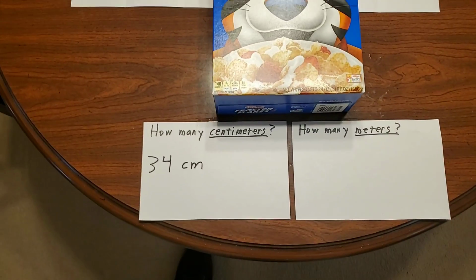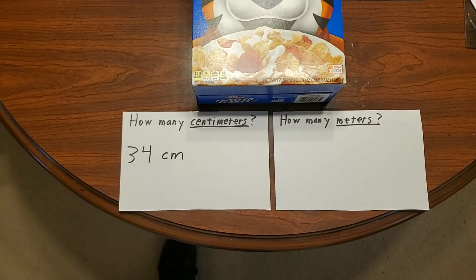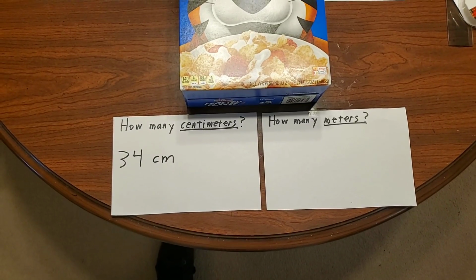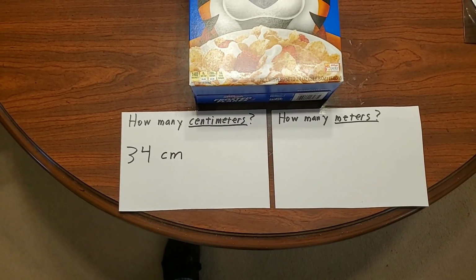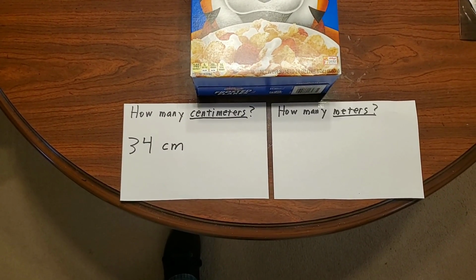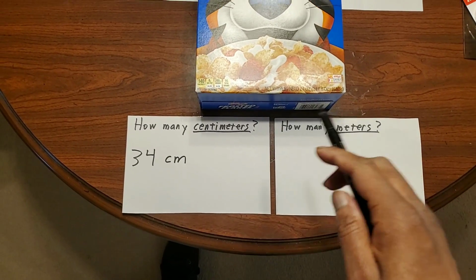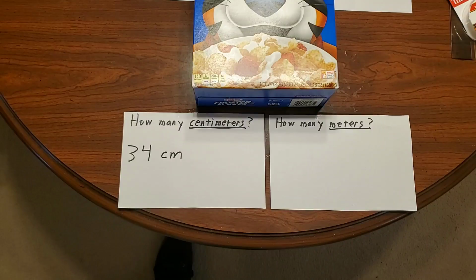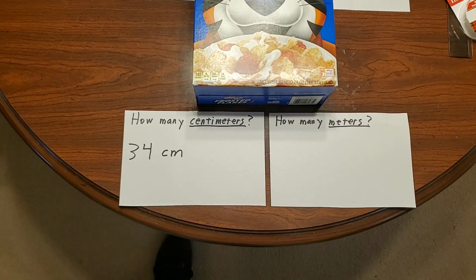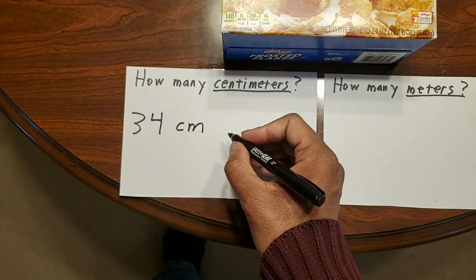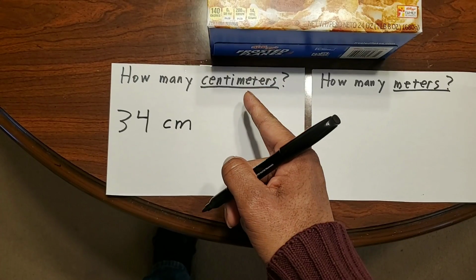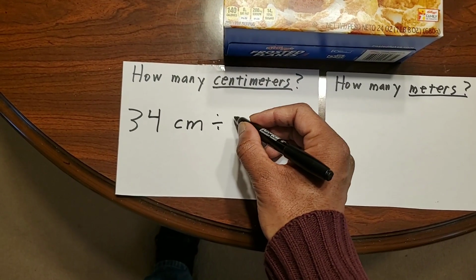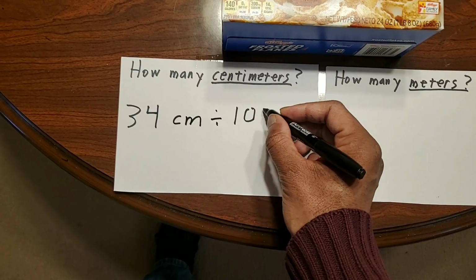So 34 centimeters. What am I going to do? Just like I did with the wall, just like I did with the counter, once again, how many centimeters does it take to make a meter? We're breaking up 34. Since it takes 100 centimeters to make 1 meter, it's 34 centimeters divided by 100.